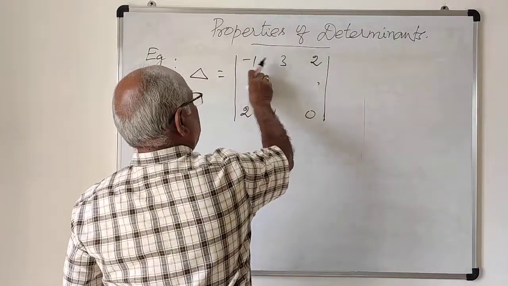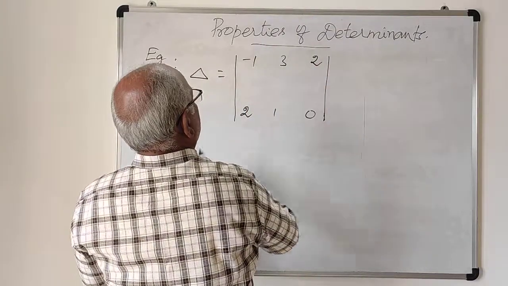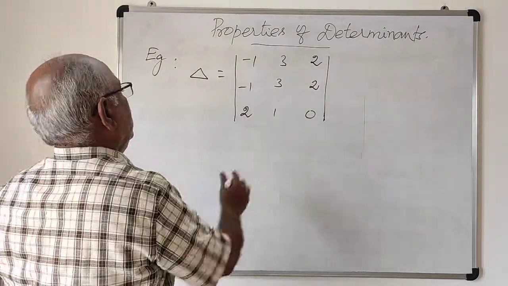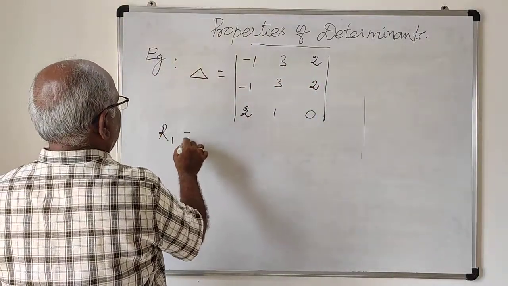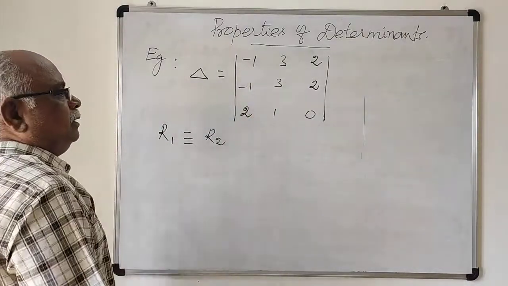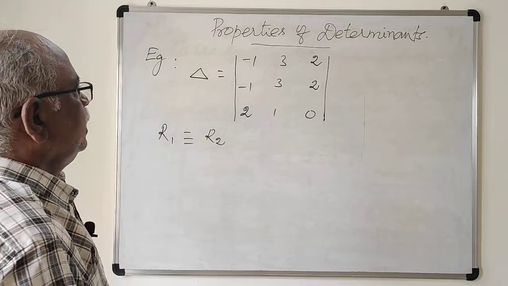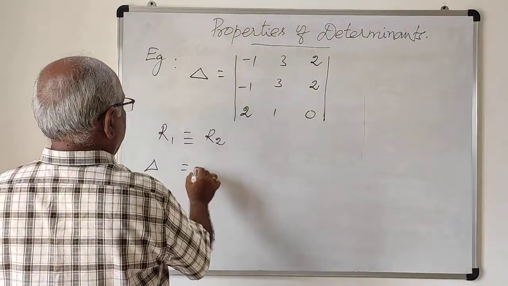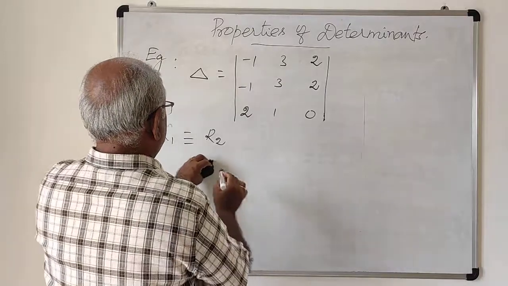Therefore, the second row is also minus 1, 3, 2. R1 and R2 are identical.